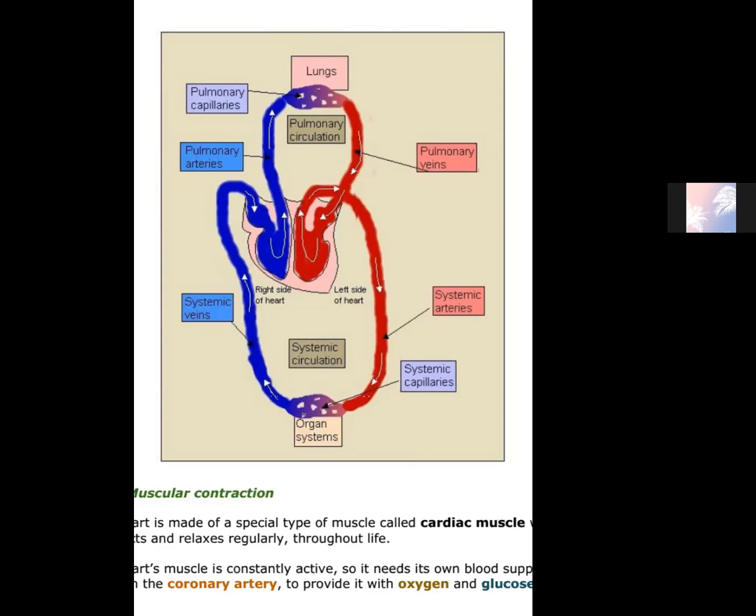Right side, deoxygenated blood; left side, oxygenated blood.